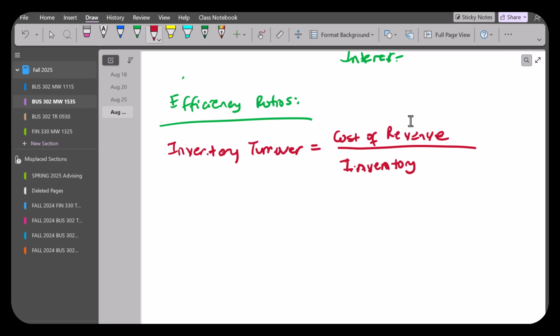And the purpose of something like inventory turnover is to figure out how efficiently you're managing your inventory. Obviously, in airlines, this is not going to matter too much. But if I was doing it for, let's say, NVIDIA versus AMD, NVIDIA has a 75% gross margin.